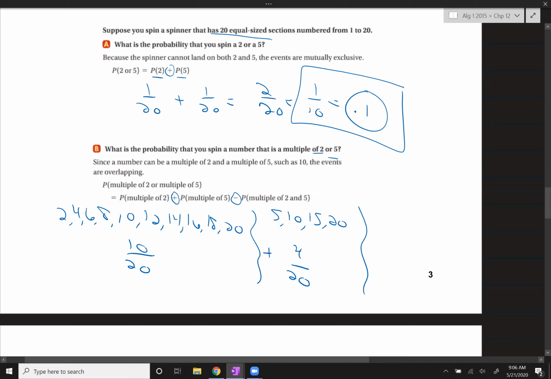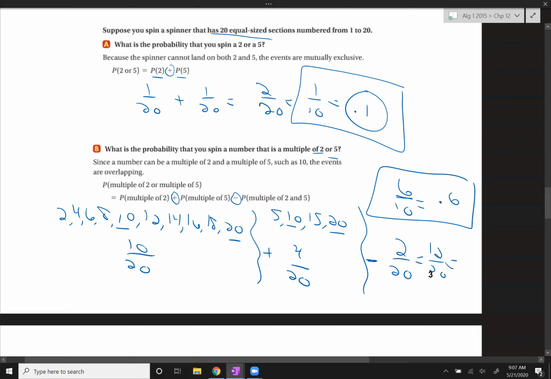Now the last part is, are any of the numbers listed in both of the sets that I have? 20 is definitely listed, 10 is listed, right? Remembering the multiple of 2 really means even. So 10 and 20 are in both, which means I have to subtract out 2 of the 20. So we're up to 14, and we're down to 12. 12 out of 20 makes 6 out of 10, which makes the reduction a whole lot easier, 0.6.